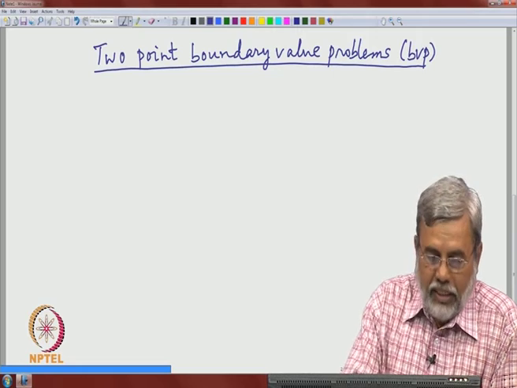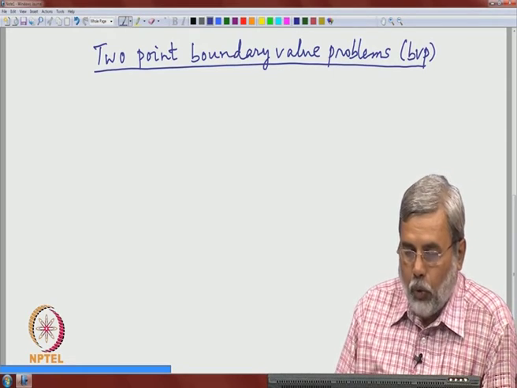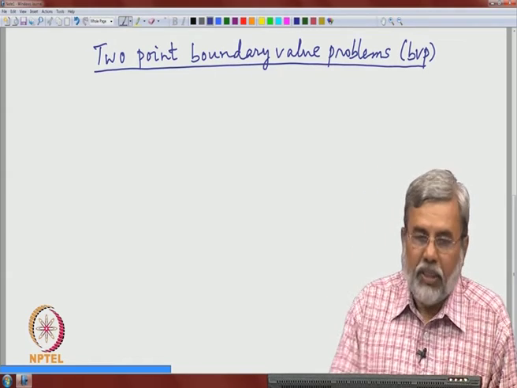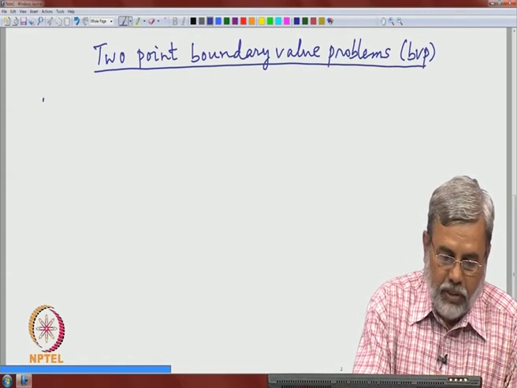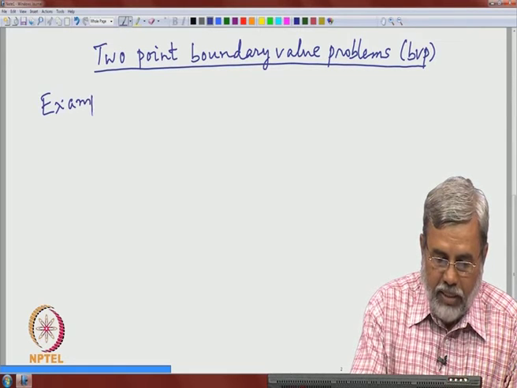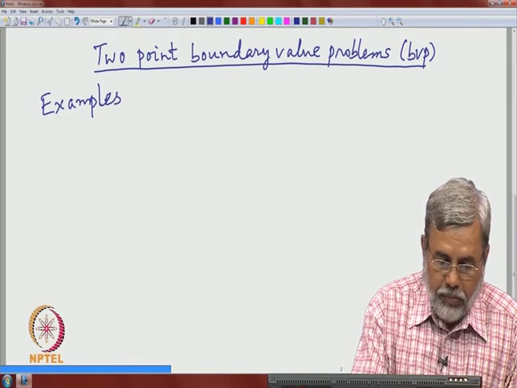So, our discussion is restricted to 2-point boundary value problems, and let me start with some examples, just to see what the difficulties and the issues are.